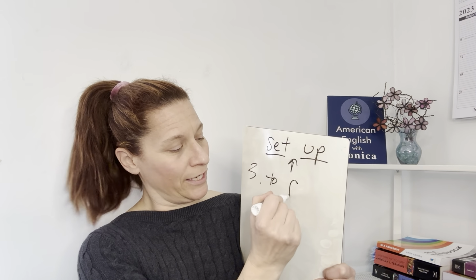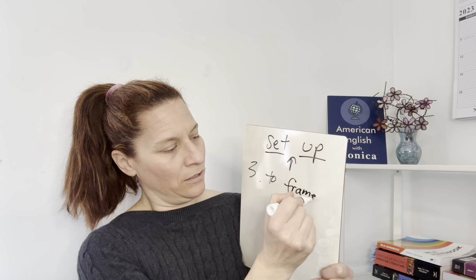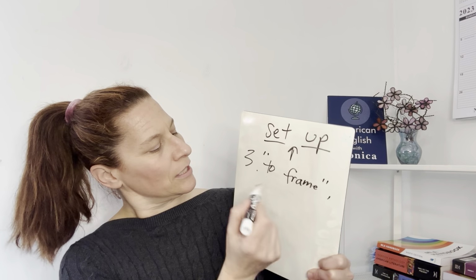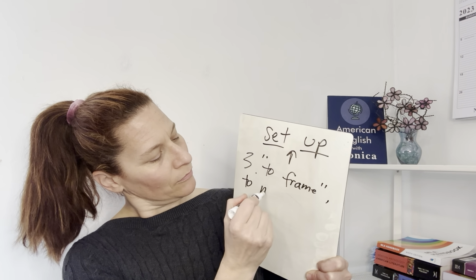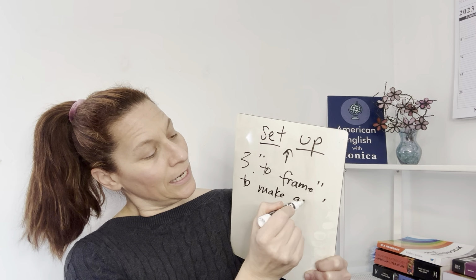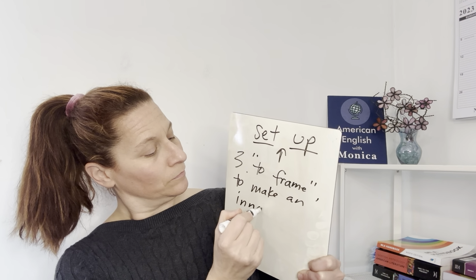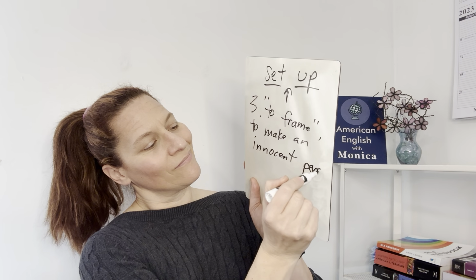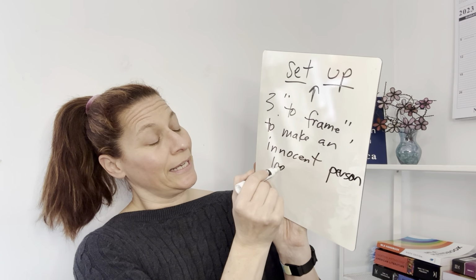So to frame, we say to frame a person. This is another expression that is the same as to set up someone. You're framing them for a crime, framing them for something bad. To frame someone, to make an innocent person look guilty.